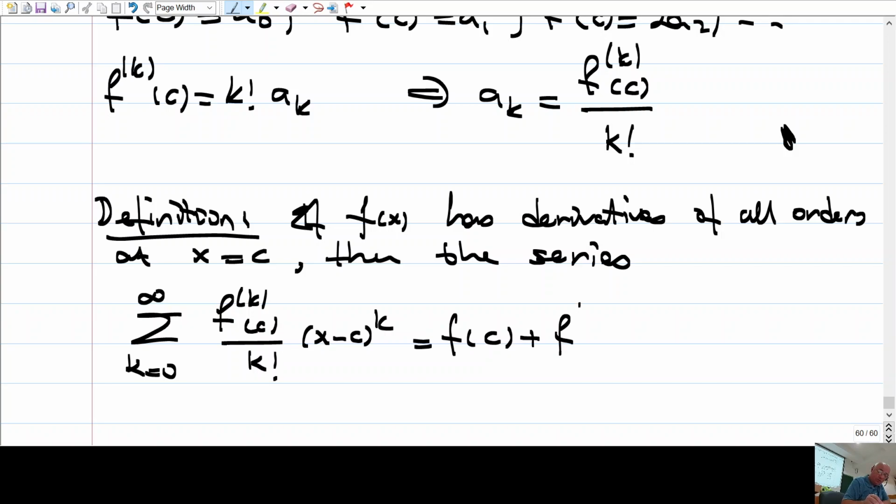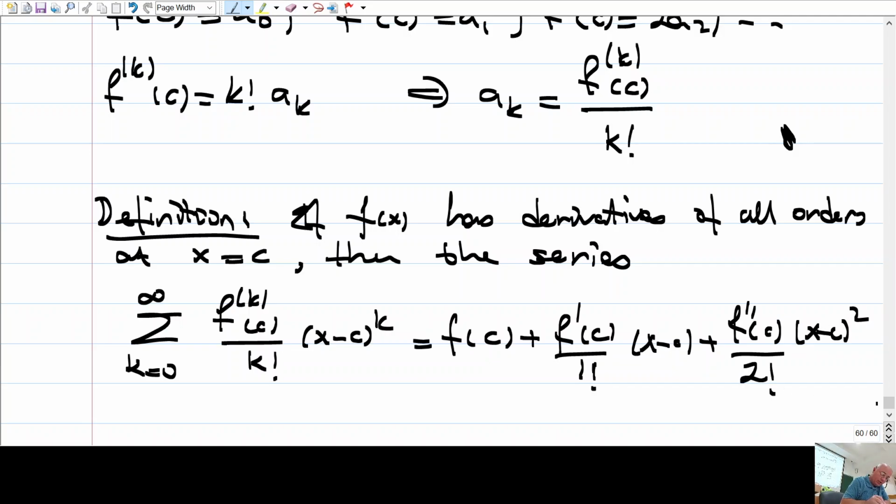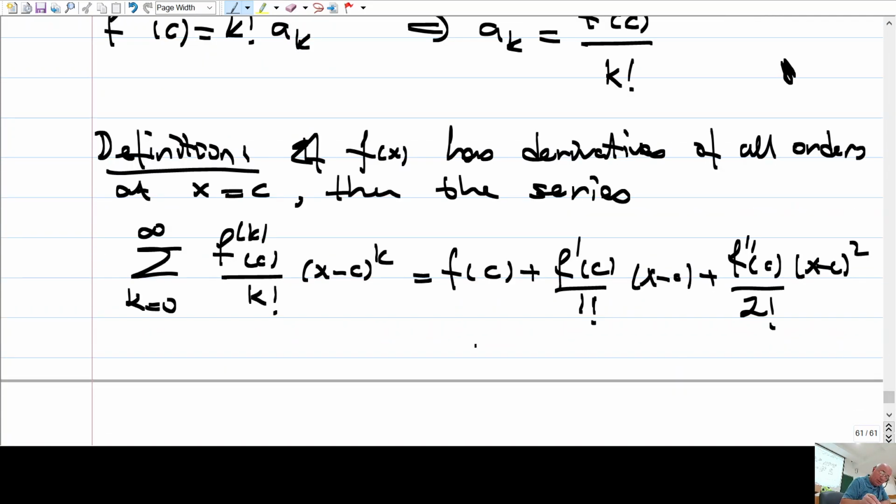And then the first derivative divided by 1 factorial times x minus c. Second derivative times x minus c squared over 2 factorial. And keep going like this. The kth derivative divided by k factorial times x minus c to the power k, and so on.